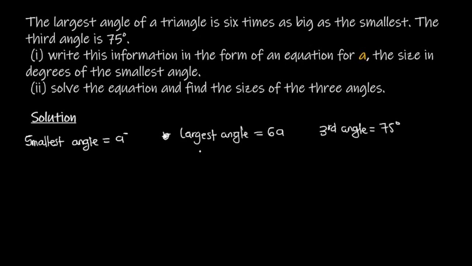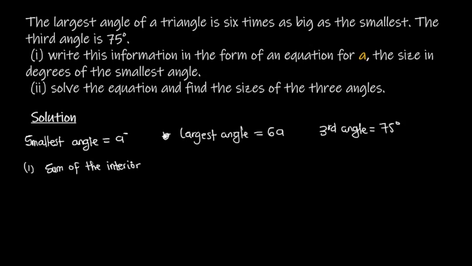Now if this statement holds true, it means we can go ahead and write the linear equation. The sum of the interior angles of a triangle adds up to 180 degrees.